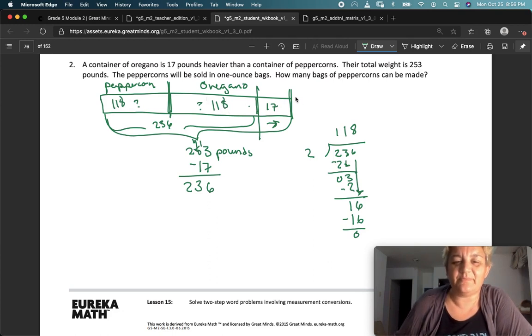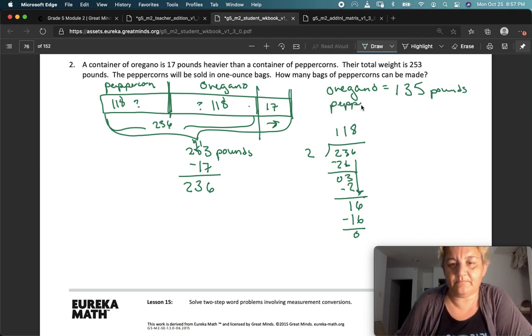And that means that the oregano altogether is 135 pounds. And the peppercorn is 118 pounds.